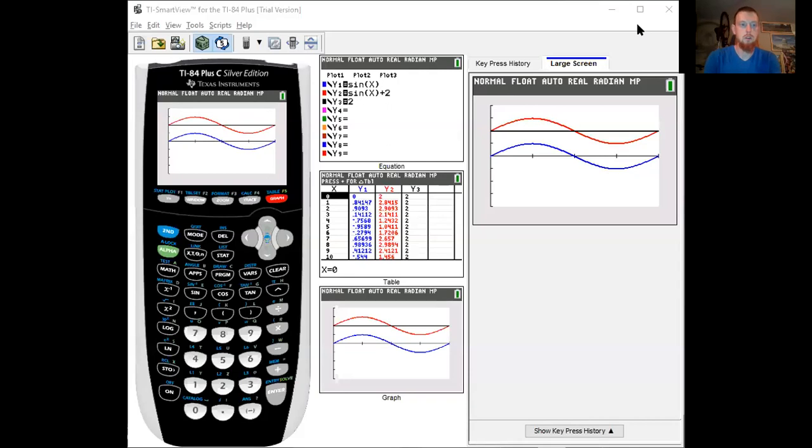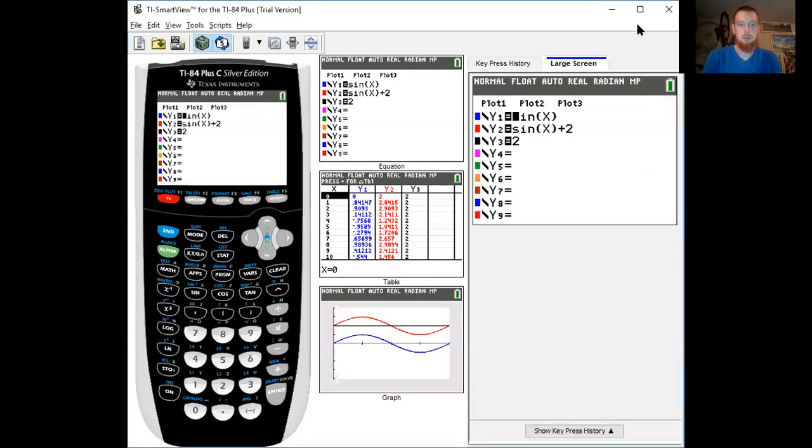Back to the graph. So let's do sine, and let's put a number larger than 1 inside the argument, and let's hit graph.